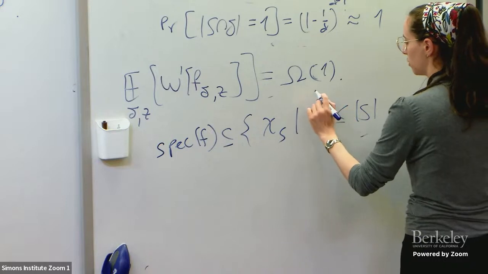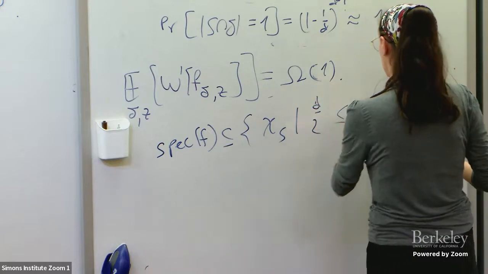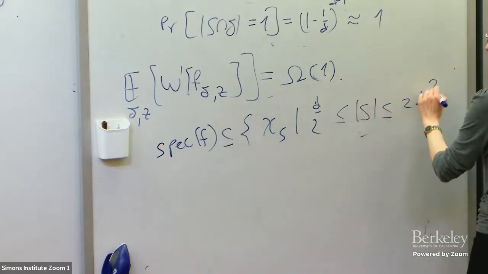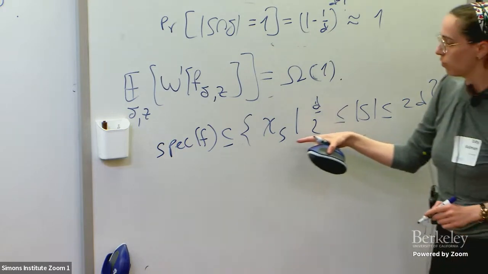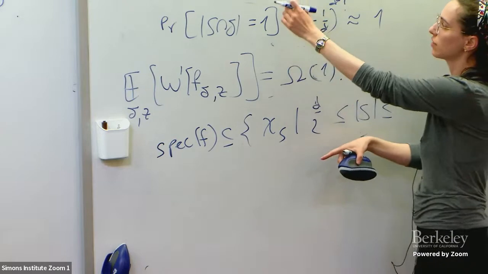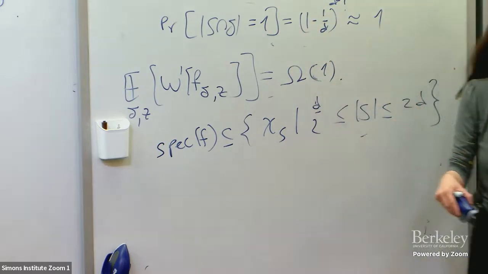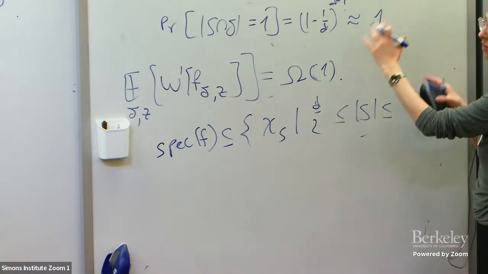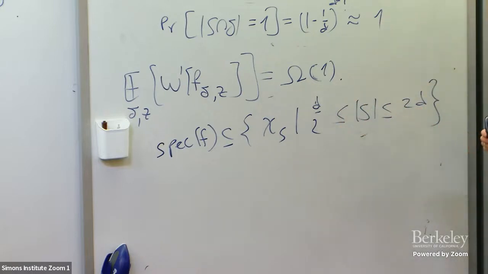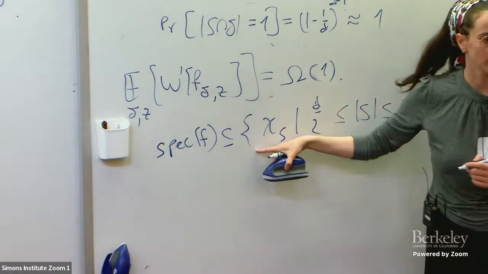Let's say that there are at least d half and at most 2d. Also here we still have that the probability is very large. And now again, the Fourier coefficients are going to contribute to the level 1.